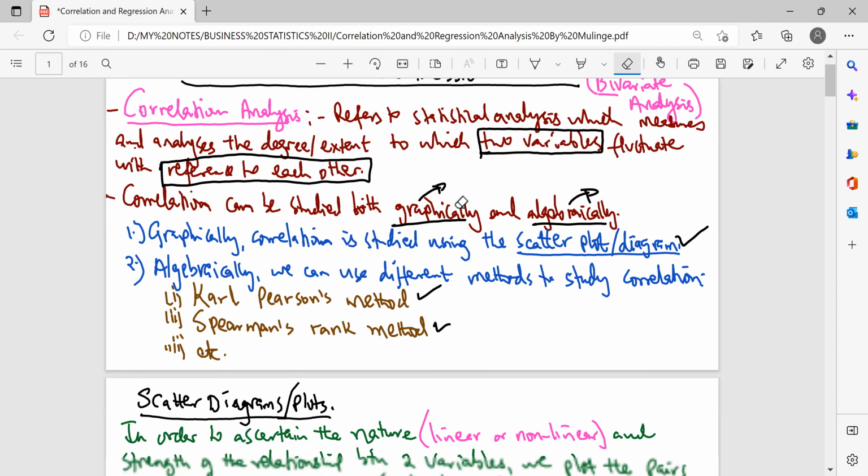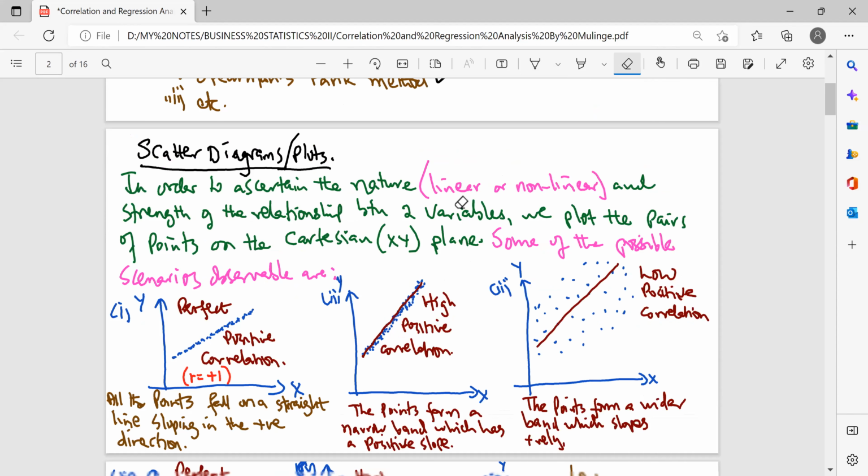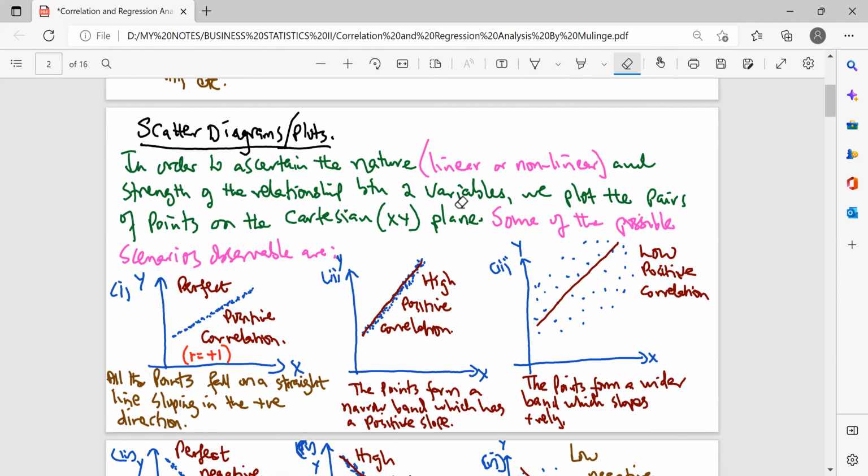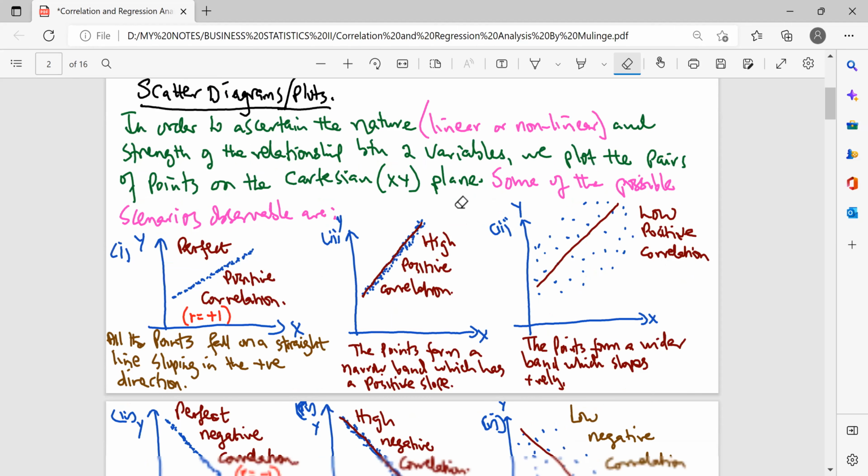So what are scatter diagrams? We start by saying that in order to ascertain the nature and strength of the relationship between two variables, we plot the pairs of points on the XY plane. So we just plot the pairs of points corresponding to the two variables. Then you observe the nature of the plot that you have. And there are several scenarios that you can obtain when you do a scatter plot.